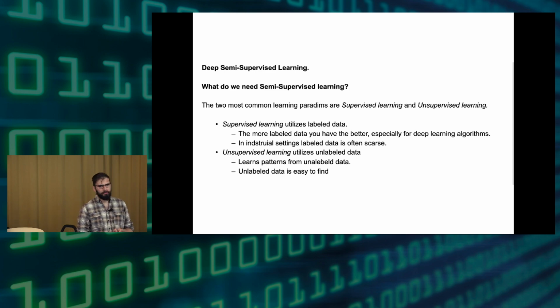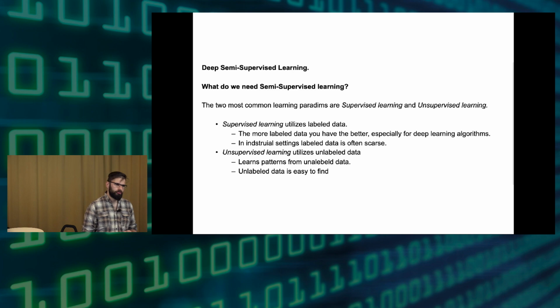As you might know, supervised learning and unsupervised learning are the most common learning paradigms out there. Supervised learning utilizes labeled data, and the more labeled data you have in your data set, the better results you usually get, especially for deep learning algorithms that usually need a lot of data.